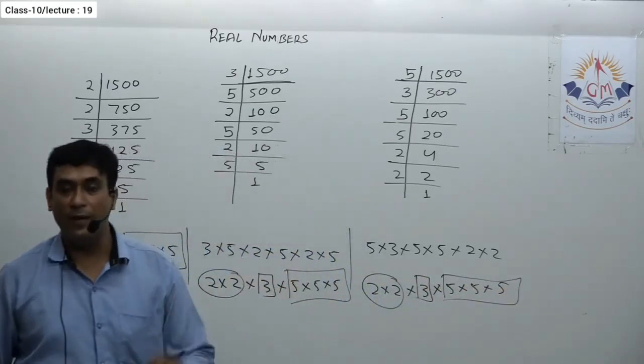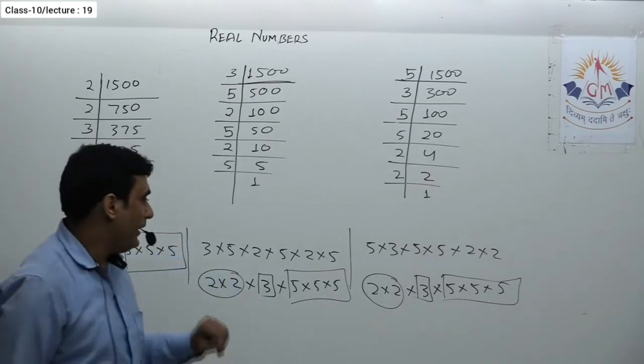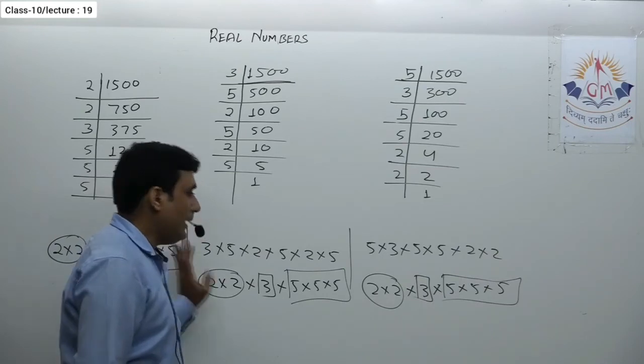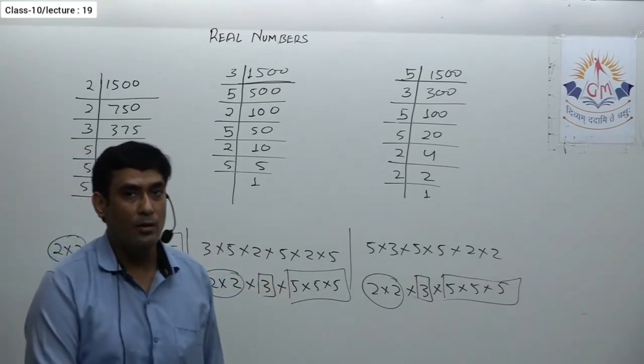That means when we find the prime factors of a composite number, definitely the primes will be the same, or unique, apart from their order.